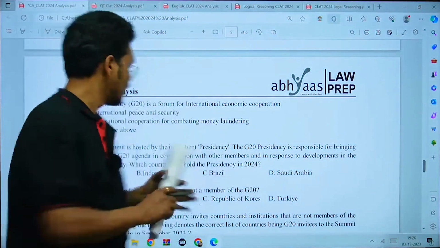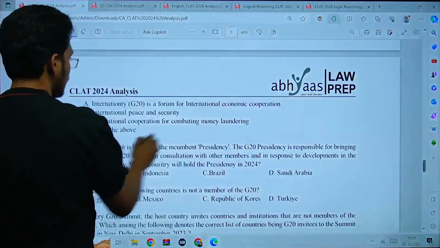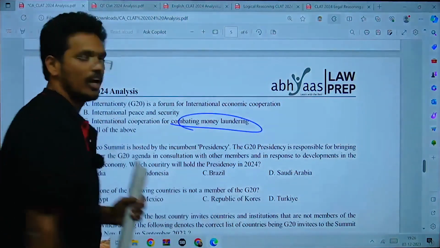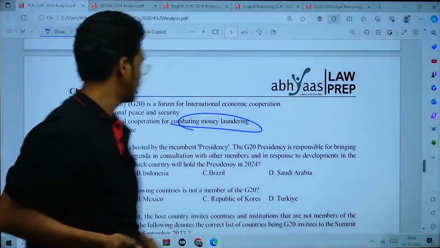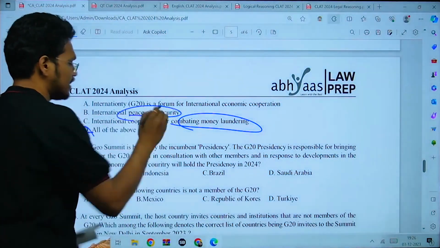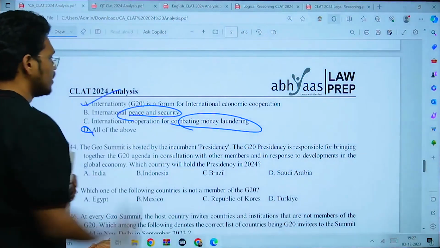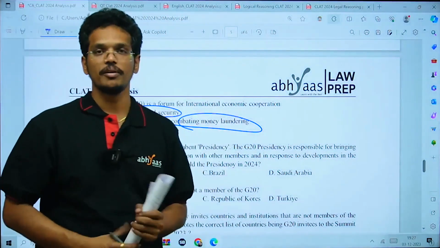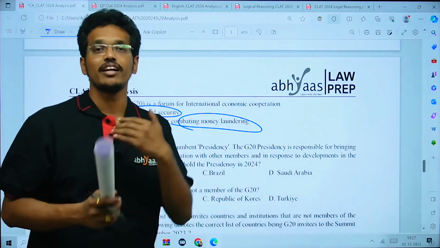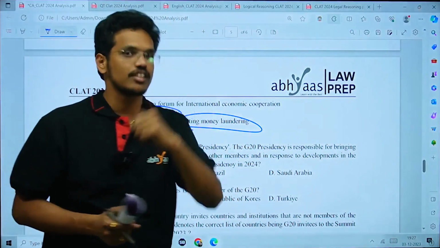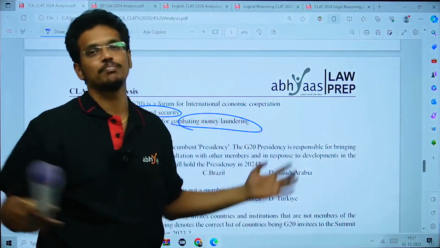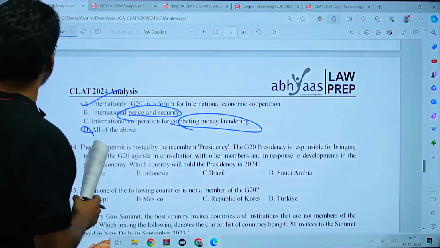Directly you can say it is not all the above, because it is not for combating money laundering, we have FATF for that. It is not for peace and security, we have UNSC for that. The only possible option is forum for international economic cooperation. G20 started as a response to the financial crisis, and the body then expanded. So this is the right answer.